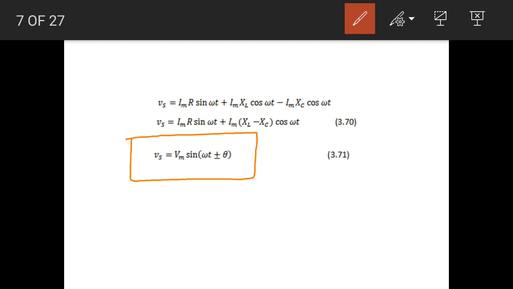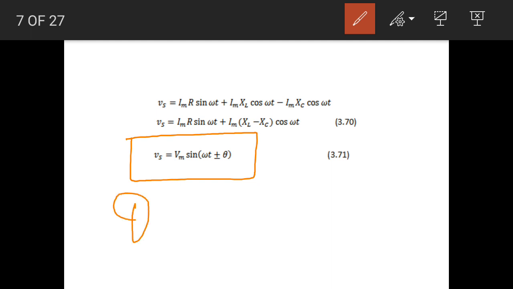If theta is 0, then this series combination will behave like a resistive circuit. If theta is positive, then this series combination will behave like inductive circuit, and if theta is negative, then this series combination will behave like capacitive circuit. So anyhow, the nature of this series combination depends upon the value and plus and minus sign with theta.